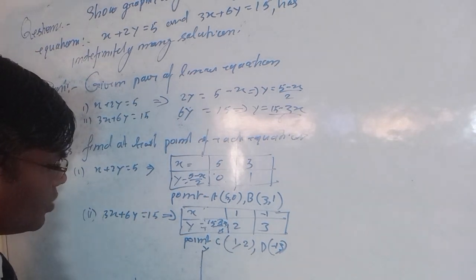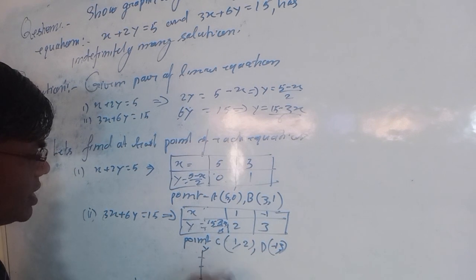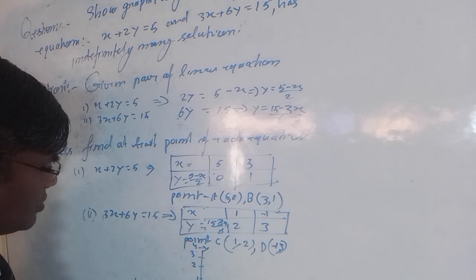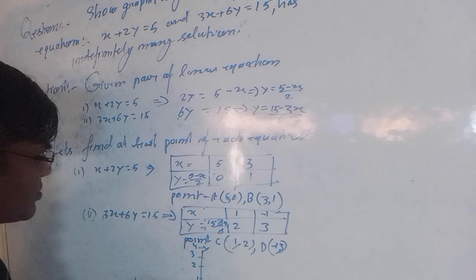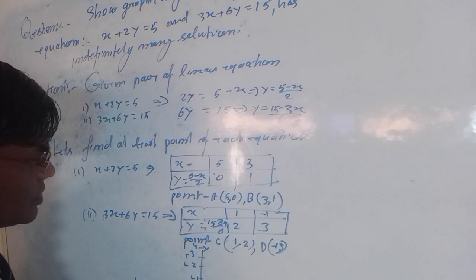Starting from 1, 2, 3, 4, 5, 6, we take 3 only, 1, 2, 3, 4 on each side. Here is the minus side, and this will be the plus side, which will always be plus.